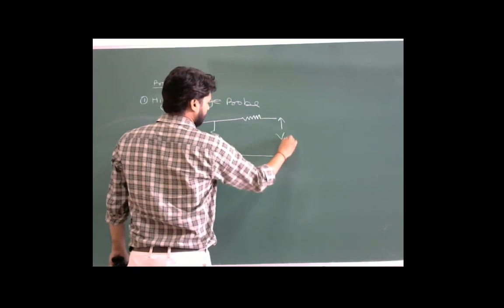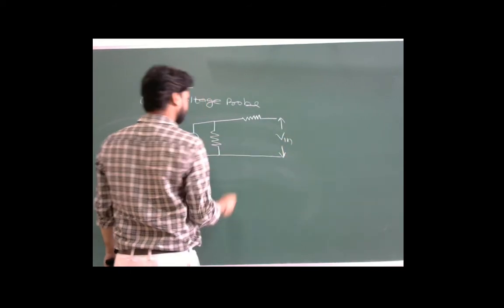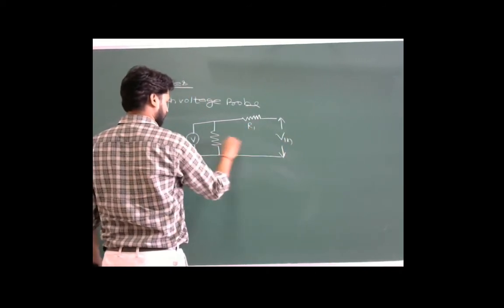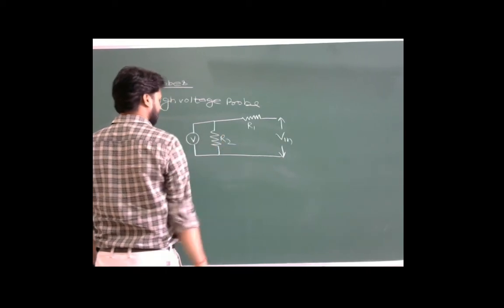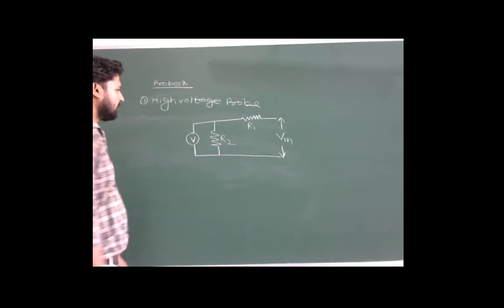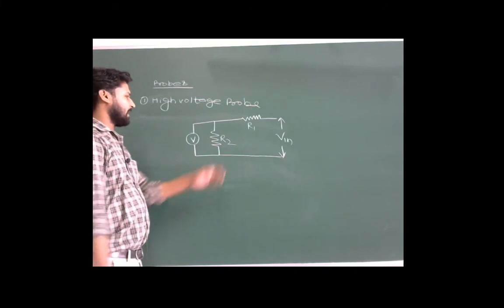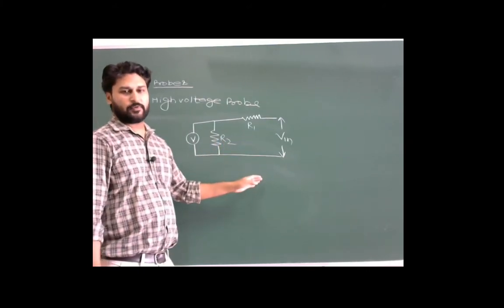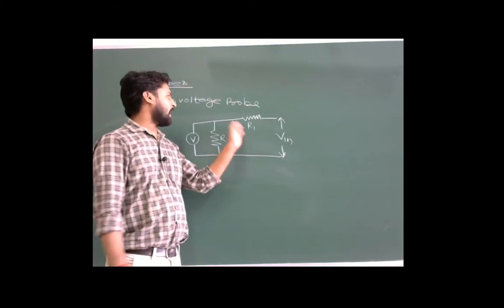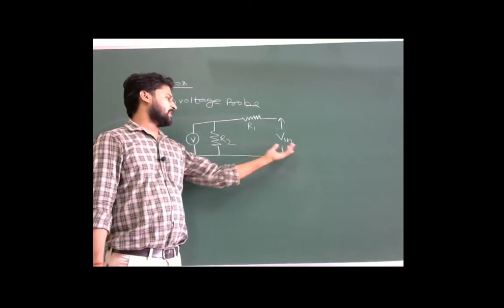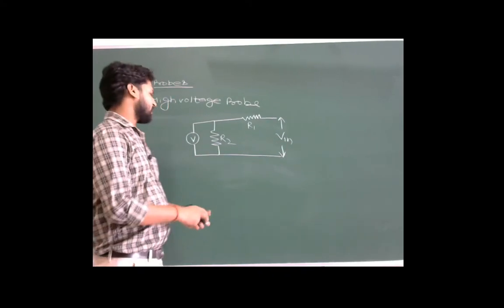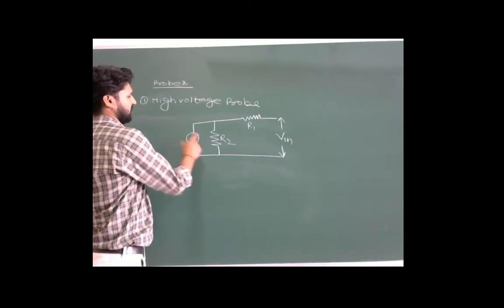This is the input voltage which we have to measure. These two resistances divide the input potential. So in the high voltage probe, the input voltage is divided by 1000 and then it is applied to the voltmeter circuit.